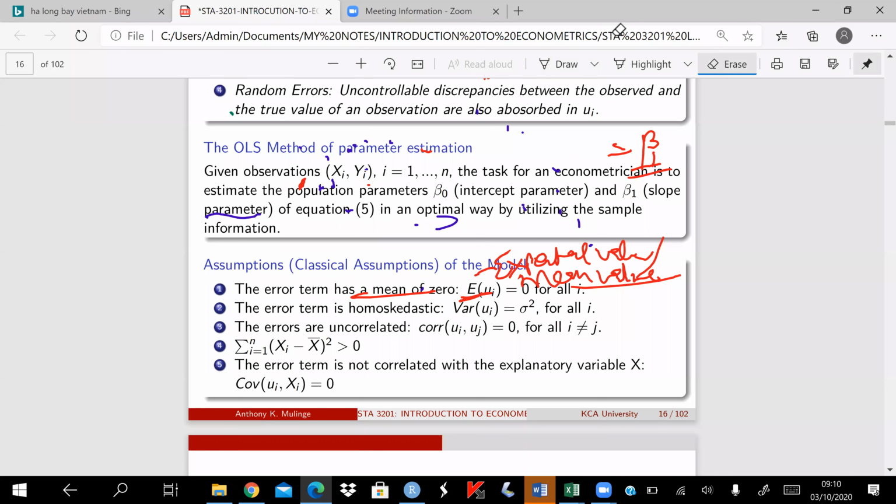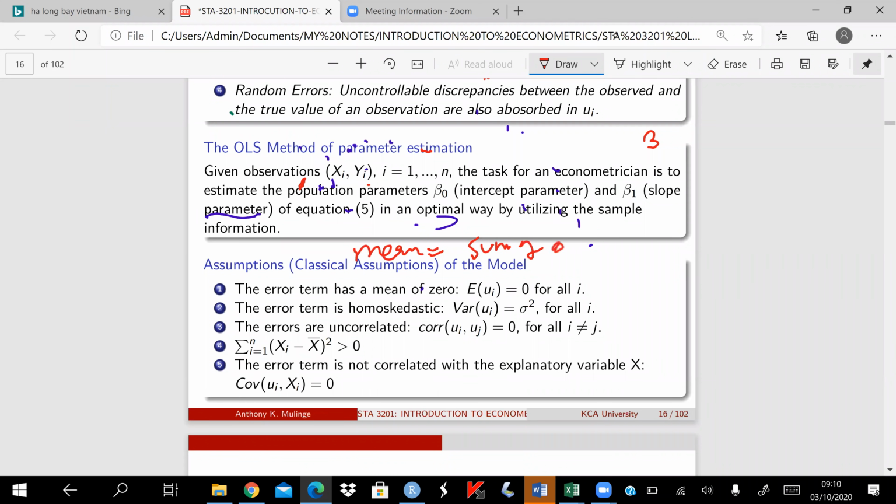And I guess we know how to find the mean of something. If you sum up all these values and divide by the number of observations, you're going to get 0. Remember, the definition of mean is very simple: the sum of all the observations divided by n, where our sample is of size n. So when can this be 0?